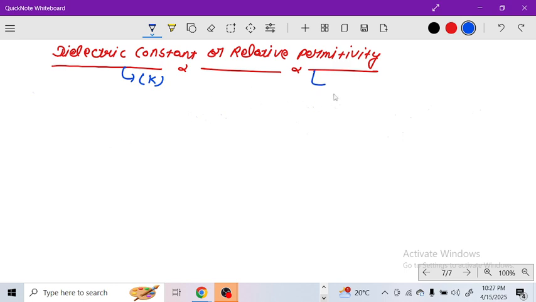Write it, Kavya, I'm saying. I think there is some technical problem. It is the ratio of absolute permittivity of free space to the absolute permittivity of medium.